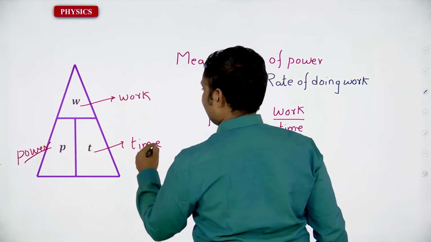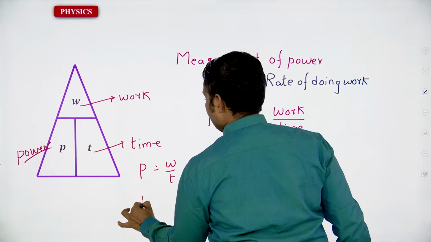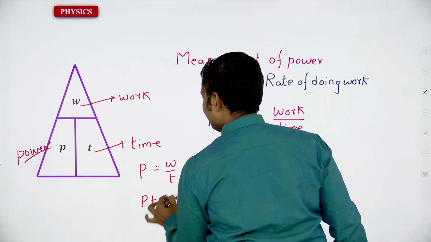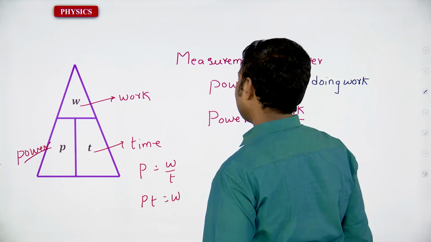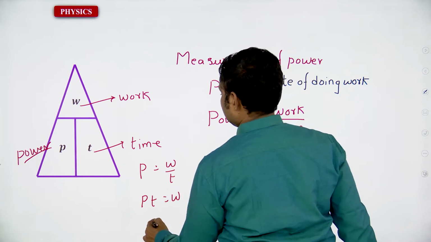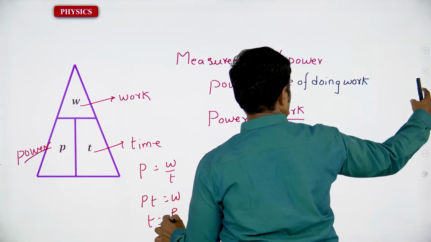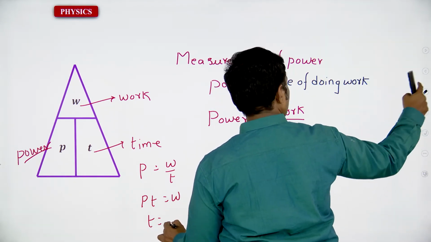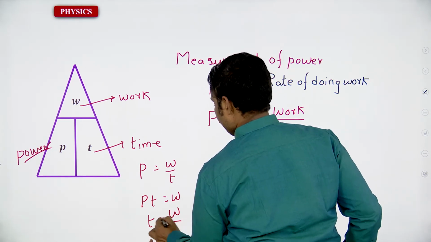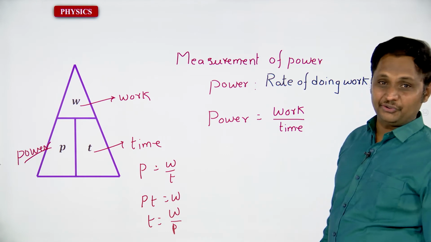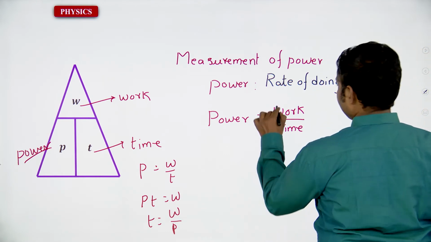You will get P is equal to W by T, PT is equal to W. Yes, it's very clear. You have to confirm T is equal to W by P. All these are the relations you have to measure. All right, it's very clear.